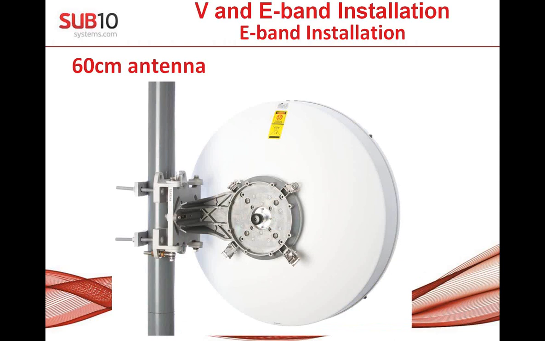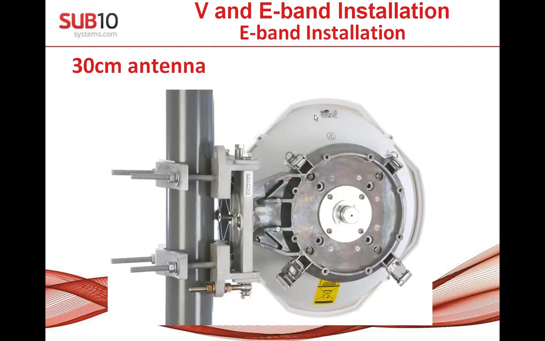60 centimeters antenna, very similar, just a bigger antenna. And one remark for the E-band, if you look here, there is the label Sub10, and this is the right orientation. If you look at this one, there is something which you can read normally. And if you look at the bottom, there is a hole which is allowing water which is condensated inside to go out.